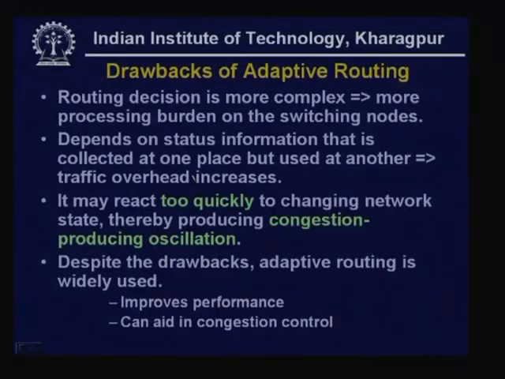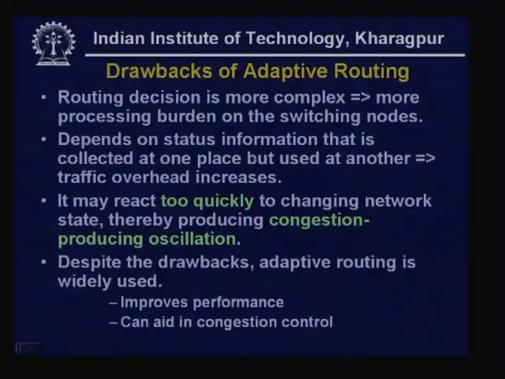And we find that the routing decisions are more complex, with more processing burden on the switching nodes. That means compared to fixed routing or flooding or random routing, we find that adaptive routing is more complex, and obviously it will put more and more processing burden on the nodes.